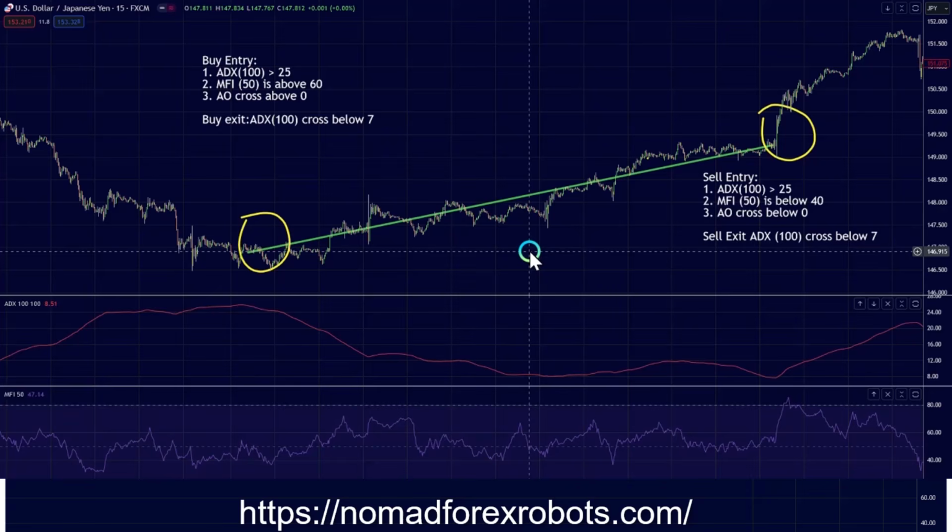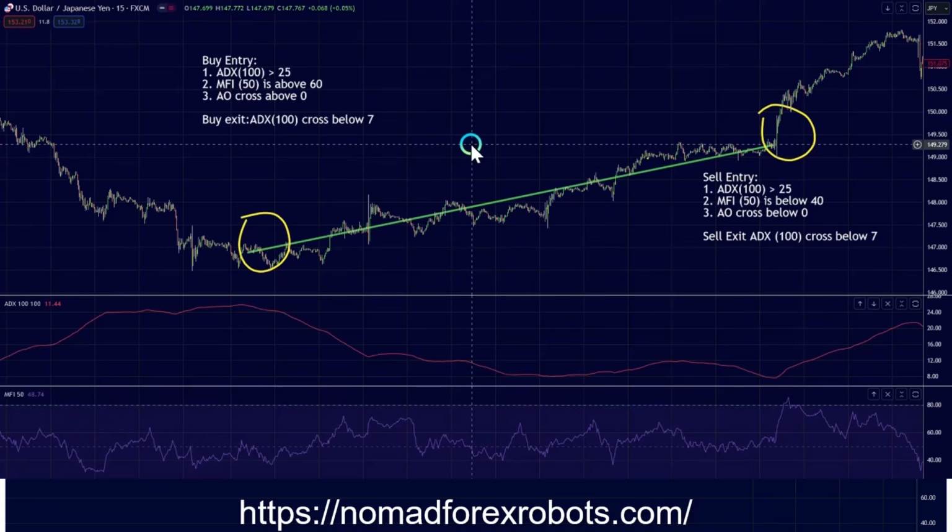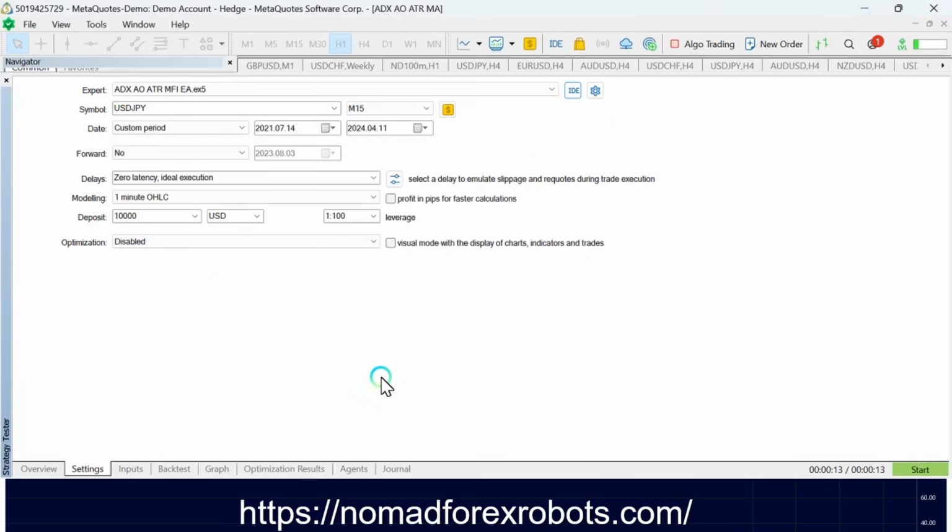These are the rules of the strategy, and I don't want to waste any time, so let's just jump into MT5, and I am going to show you some test results on completely random data. Here we are in MT4, and now we are going to test first on the USD Japanese yen, and the 50-minute time frame.